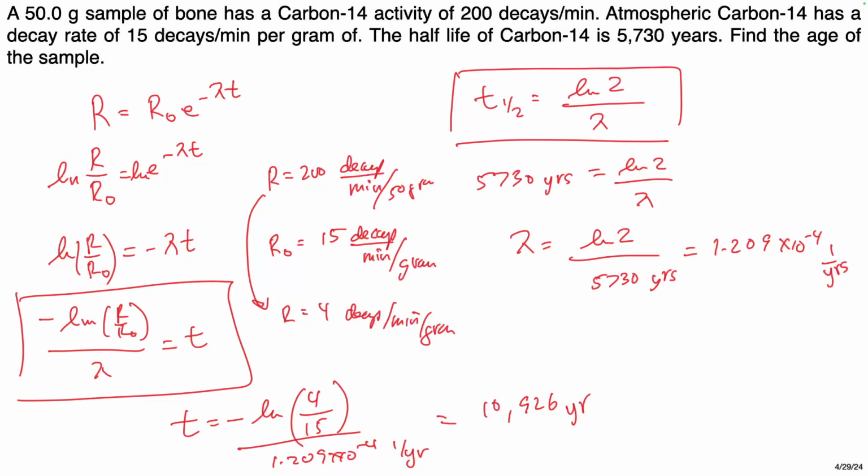And so if your decay constant's in minutes, what is your answer going to be in? Minutes, right? Decay constants in years, so on and so forth, seconds, whatever, right? You don't have to go back to the standard units of seconds here. You don't have to go to standard SI units. Just make sure the units agree between the rates and then obey the unit you have on your half-life to get the decay constant, and you'll be good to go.